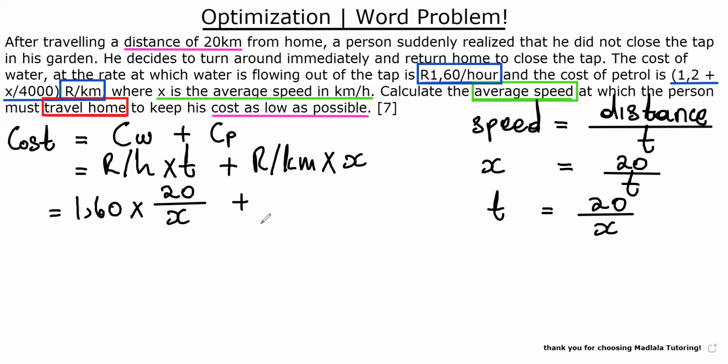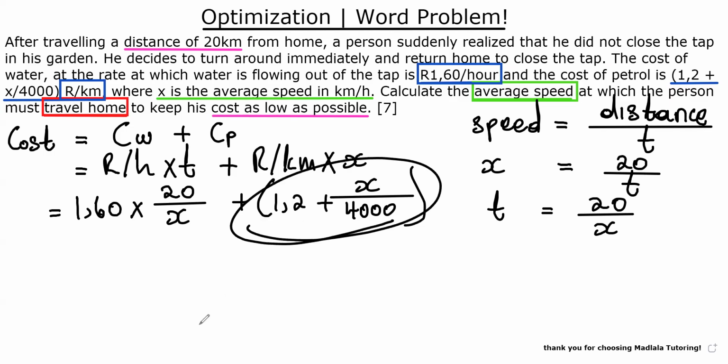Then we say, well, the cost as a rate is 1.2 plus x over 4,000. Now the question is, how do we get rid of the kilometers? Because here we understand it's rands per kilometer. How do we destroy this?